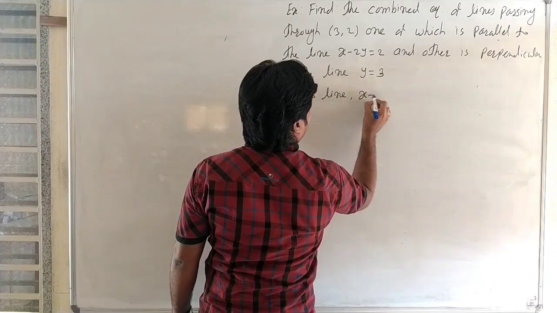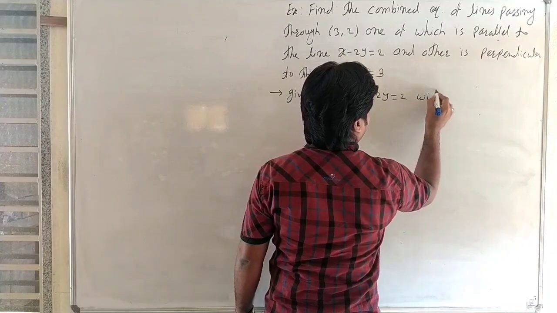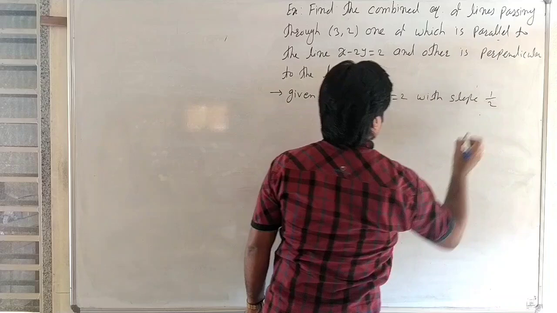Now, the given line x - 2y = 2 has slope 1/2.